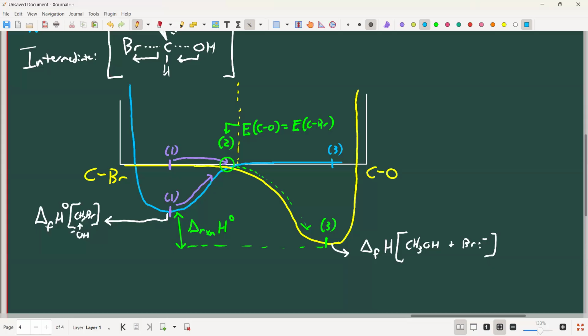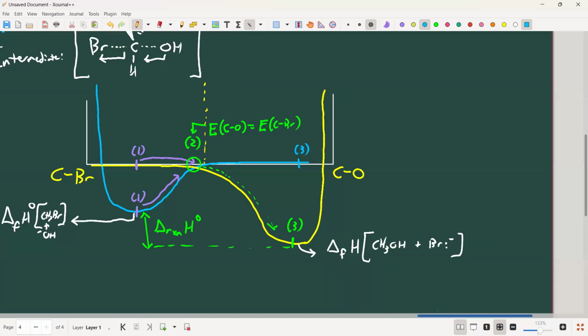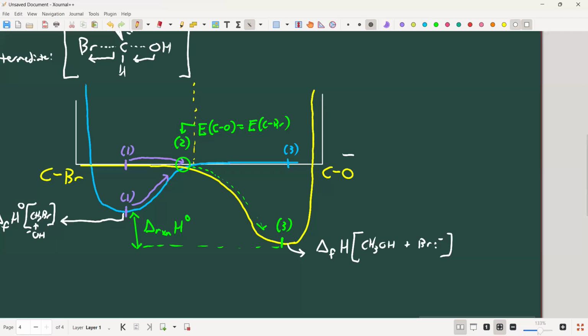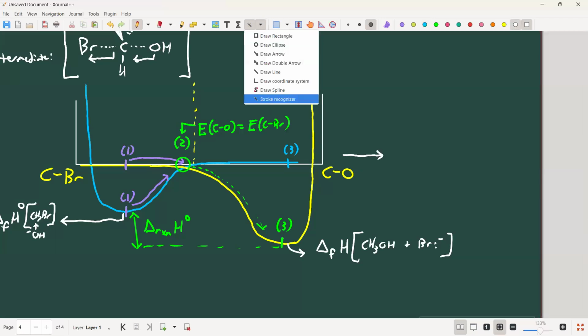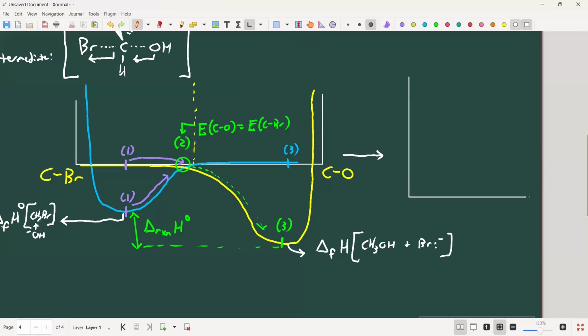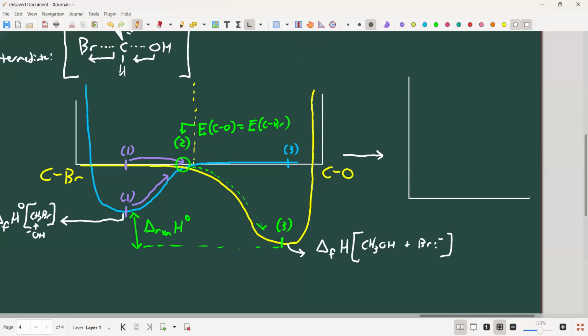So I can write this in a simpler way. I could draw another graph that is much simpler, one that just thinks about three important points in this curve: the start point, the end point, and this maximum. Everything increases to that maximum and decreases afterwards. So what I could write instead is something that looks like this, for some generic coordinate, which is some combination of the CO and the CBr bond.